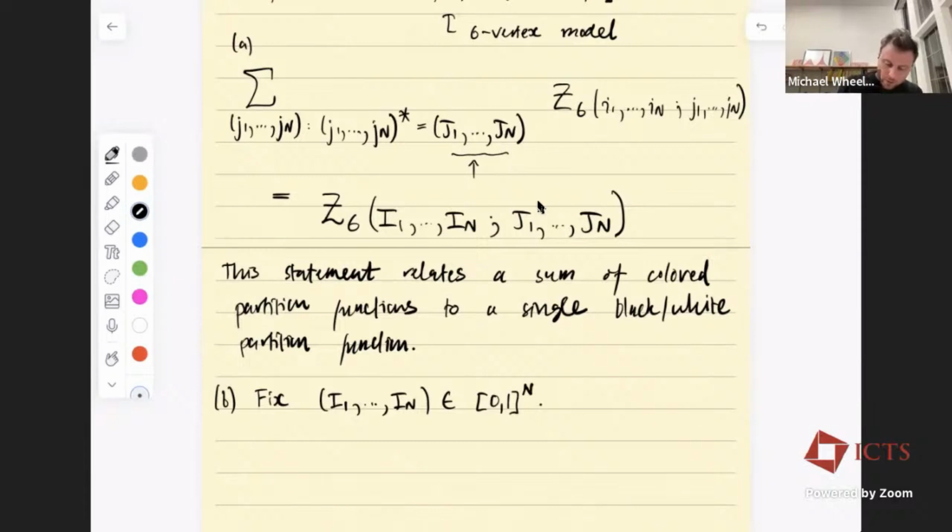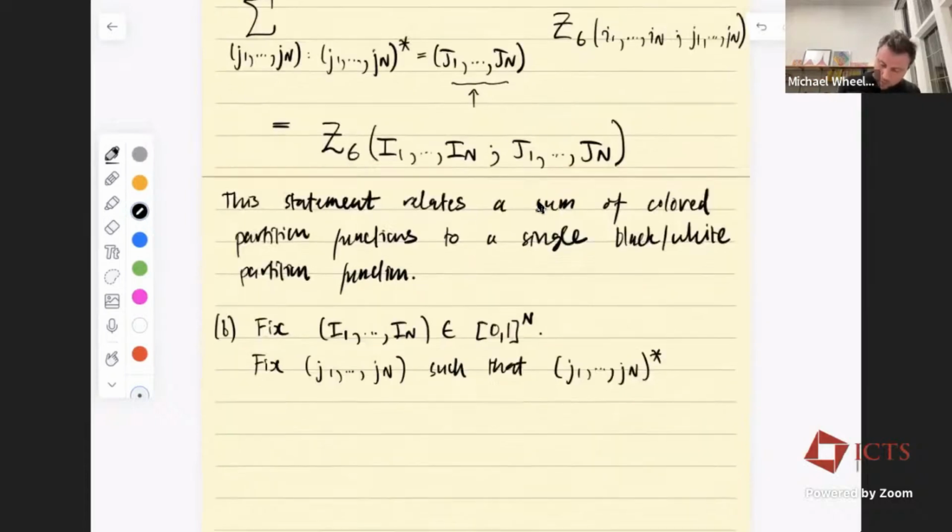And also fix a vector j1 up to jn such that its colorblind projection is equal to some vector j1 up to jn.